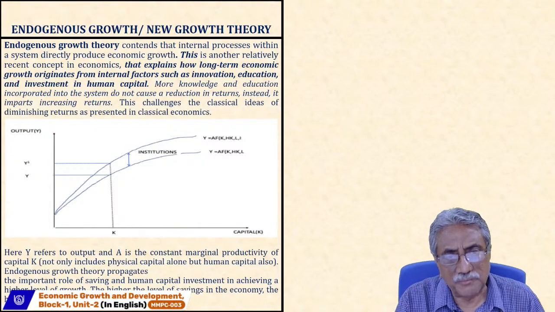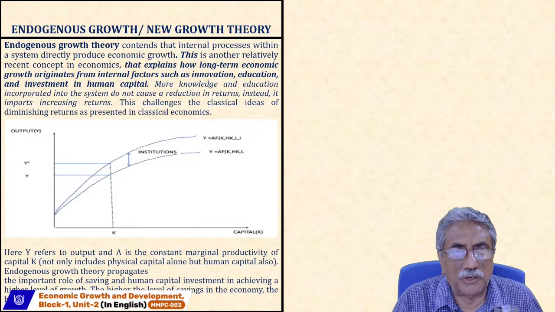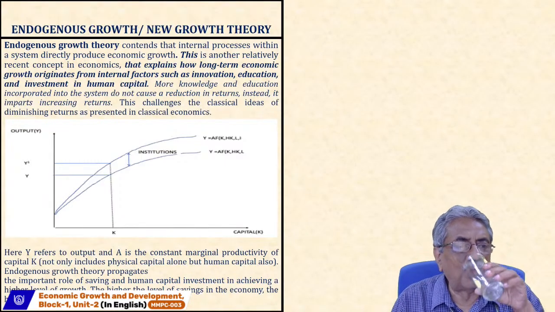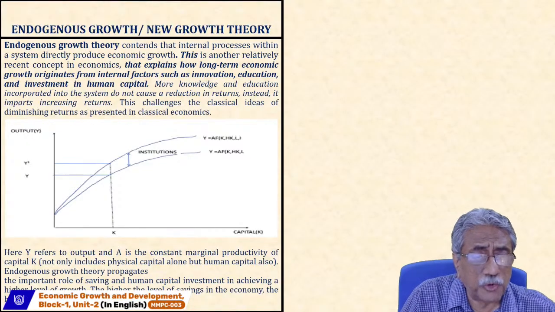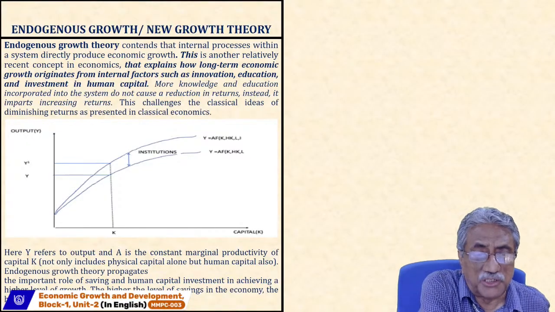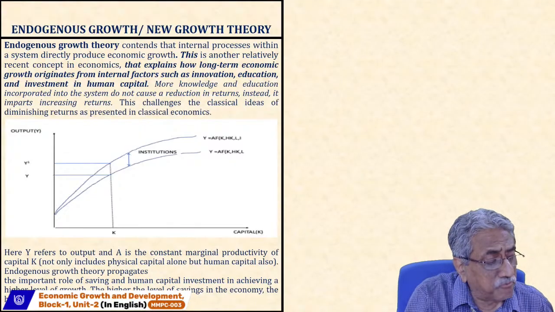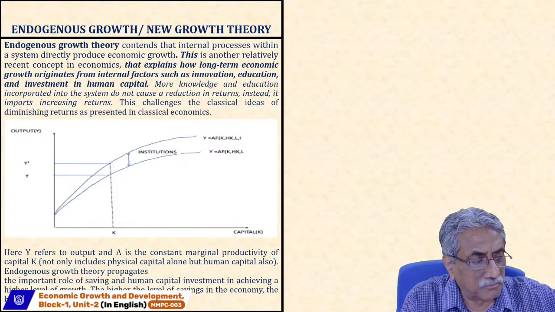You can see the picture. The more we increase the capital, we deploy in the knowledge and education, the output grows up. Here, Y refers to output. A is the constant marginal productivity of capital, K. And K is not only physical capital, that means money. It also includes human capital.